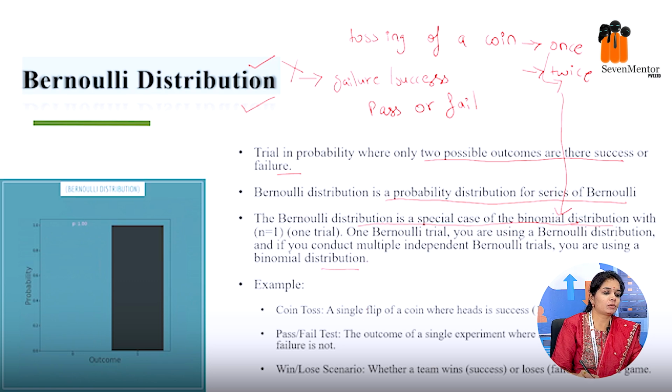So examples of Bernoulli distribution: flipping a coin only once, pass or fail in any exam, lose or win any match or any competition, that will also be once. That will all fall under Bernoulli distribution.